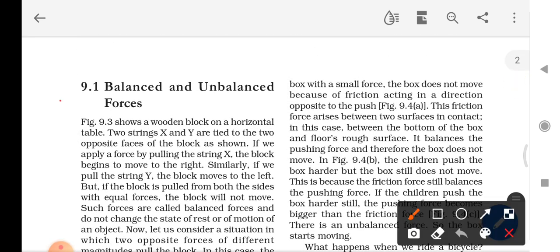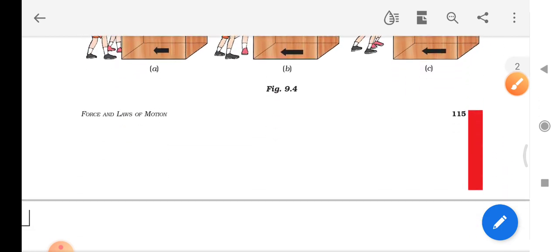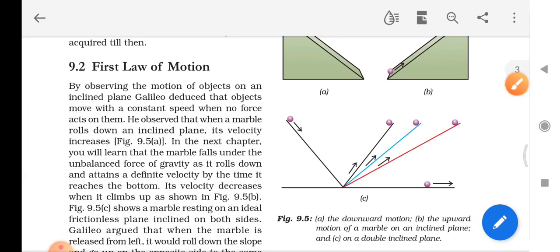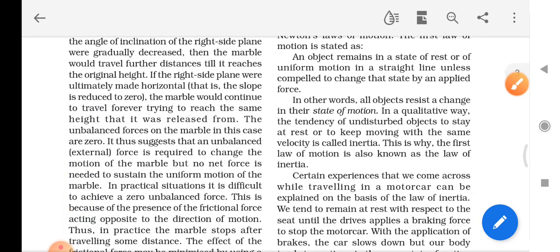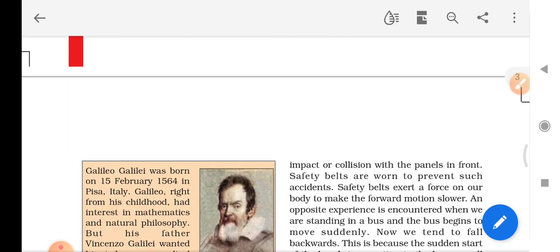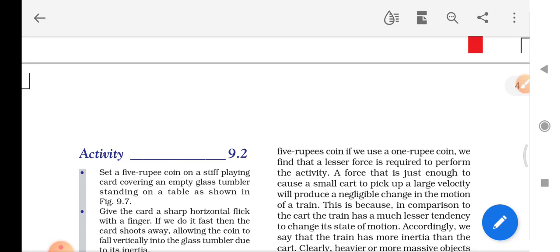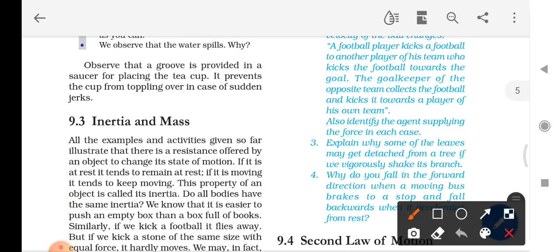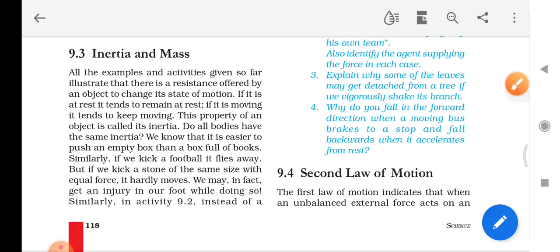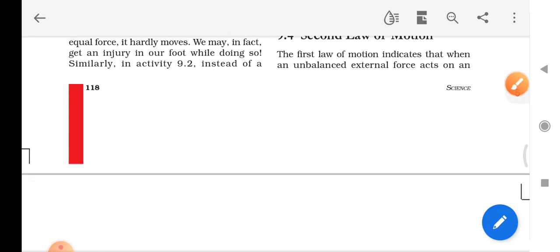Here 9.1 topic is completed. 9.2 also completed. 9.3 inertia and mass also completed. 9.4 second law of motion completed.